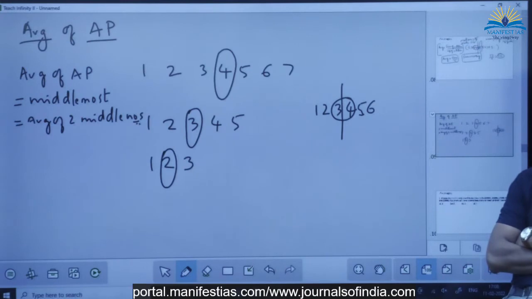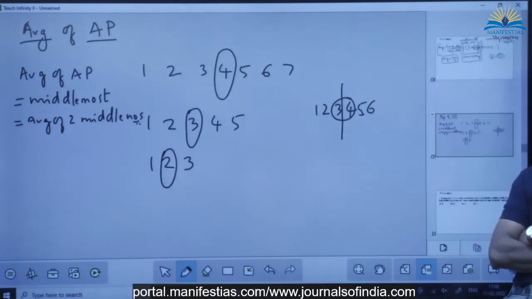You write the numbers from 1 to 100 and calculate the average, again going for the middlemost value. But marking the middlemost value is a little difficult here. For 1 to 100 you will somehow manage: 1 to 50 on one side, 51 to 100 on the other, and the middle between 50 and 51 is 50.5. Actually that is the average.